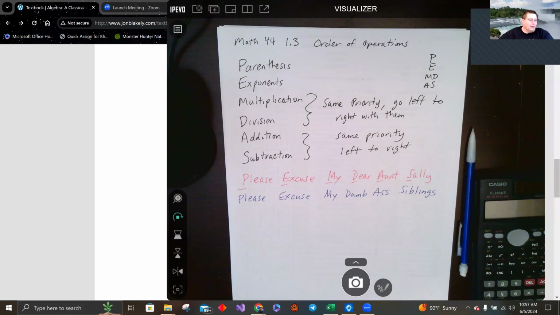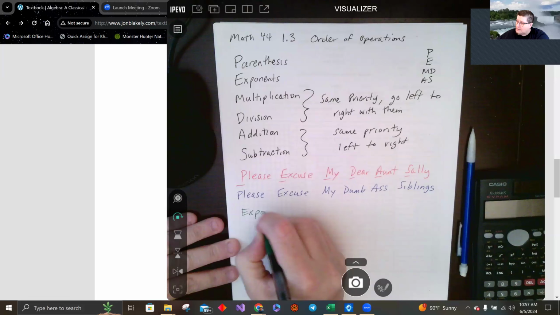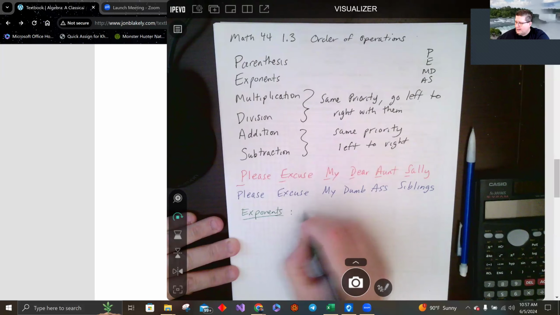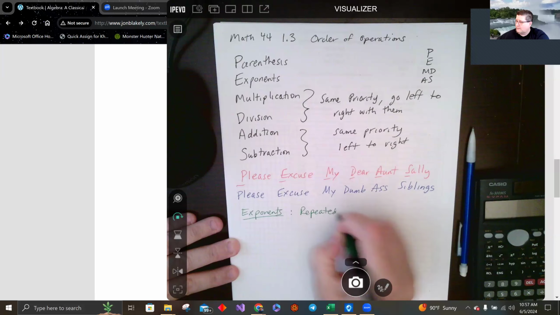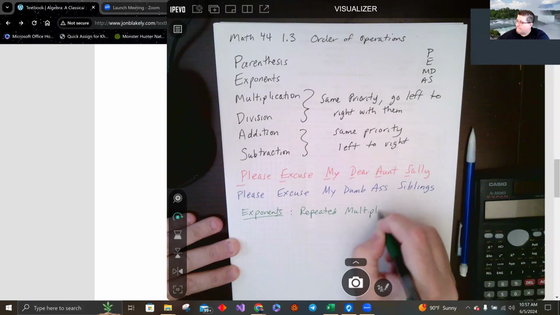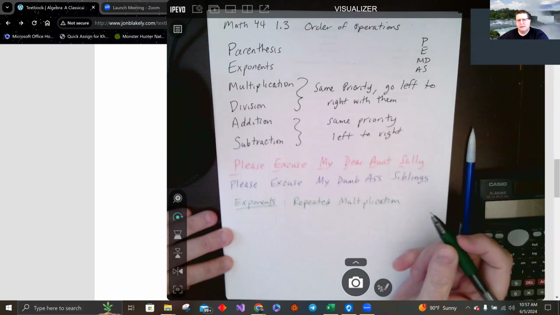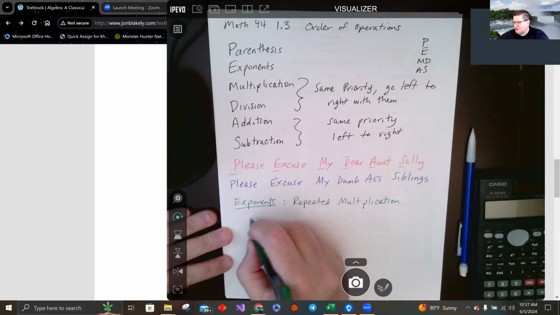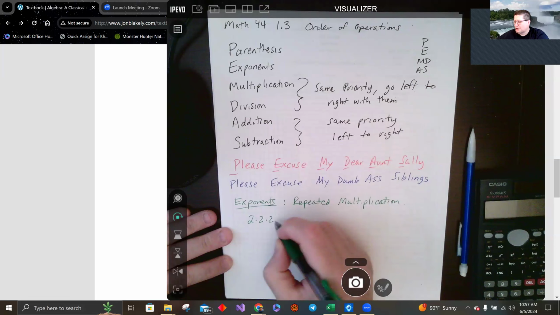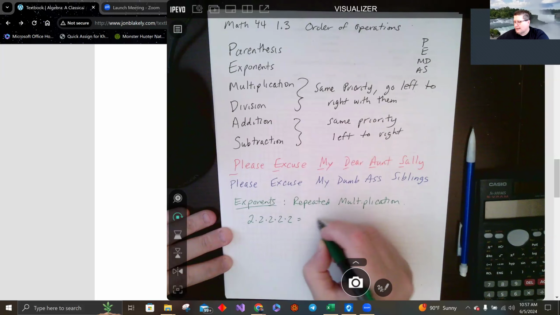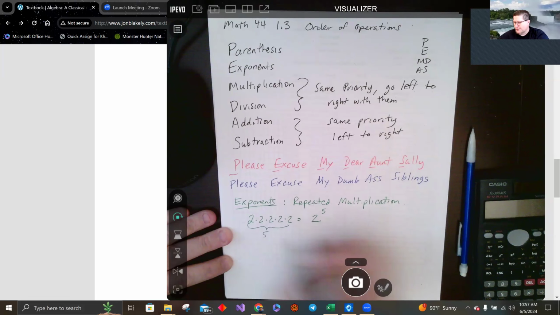All right, so that's PEMDAS. We haven't really covered exponents. I want to remind you what exponents are. Exponents are repeated multiplication. So if I have 2 times 2 times 2 times 2 times 2, I can write this as 2 to the 5th power. There are 5 2's, so that's what we make there.